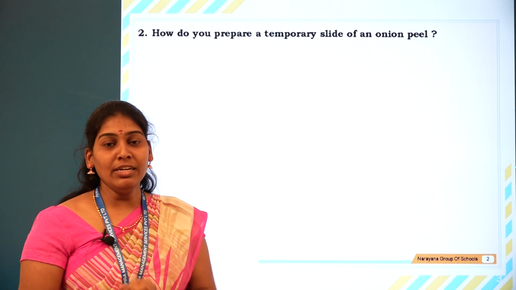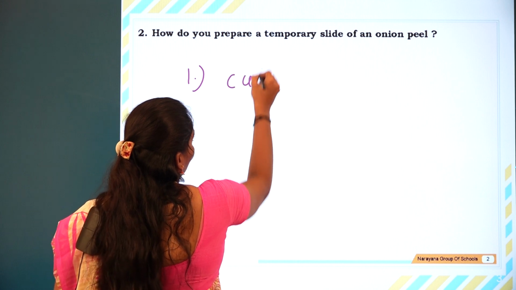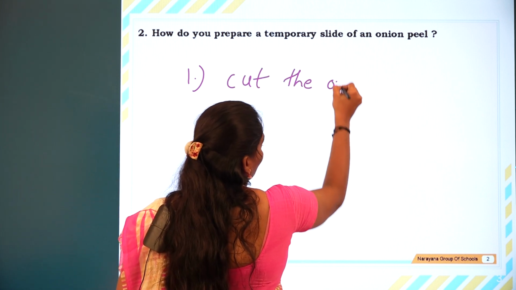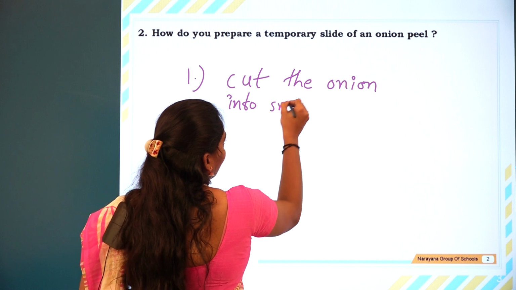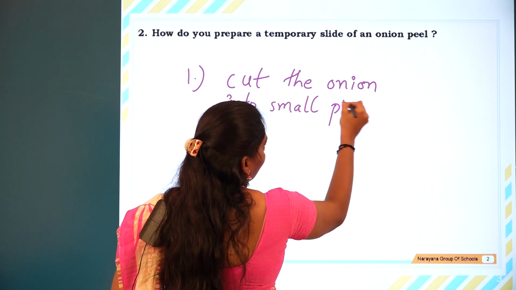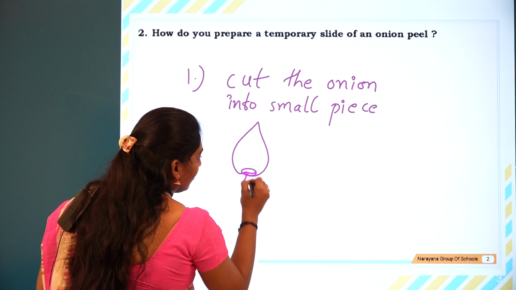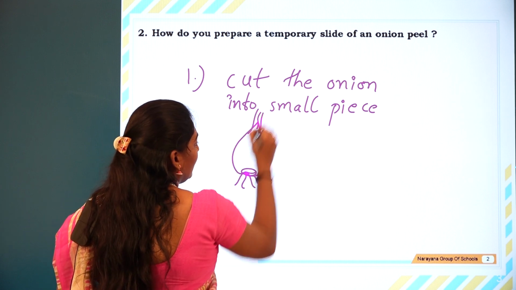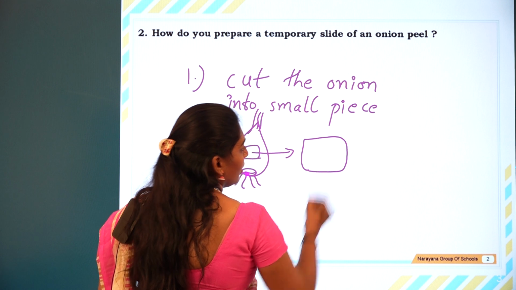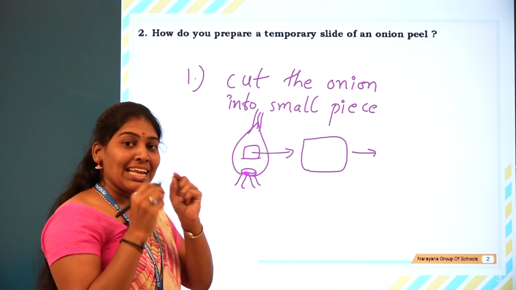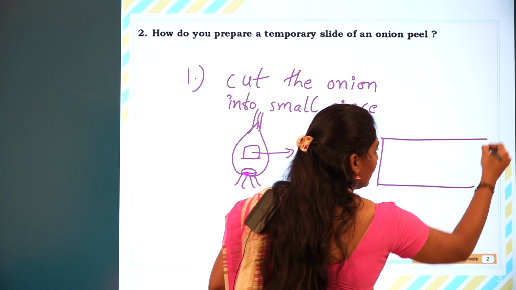First we need to take an onion and cut it into small pieces. First step, cut the onion into small pieces. Then we need to take a small portion and make a thin slice, which is a thin layer, to prepare on a slide.